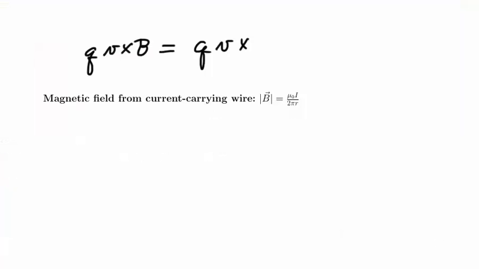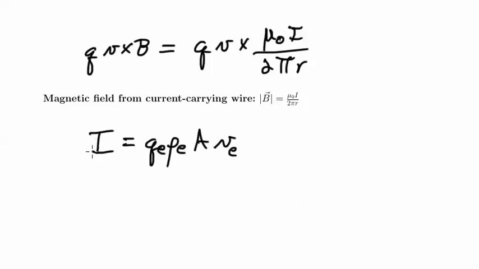So this qv cross B is also qv mu sub naught I over 2 pi r. And that current is going to be equal to the area times the drift velocity of the electron times the charge carrier density times the charge on each.